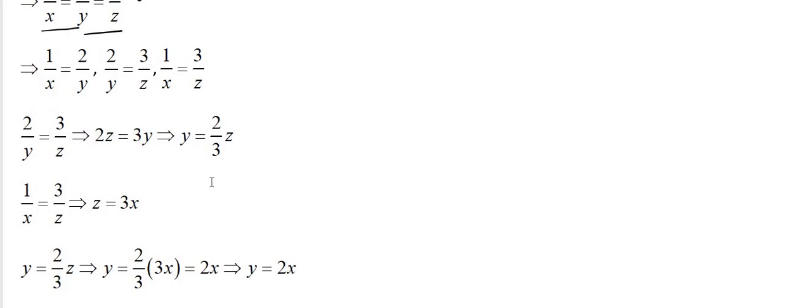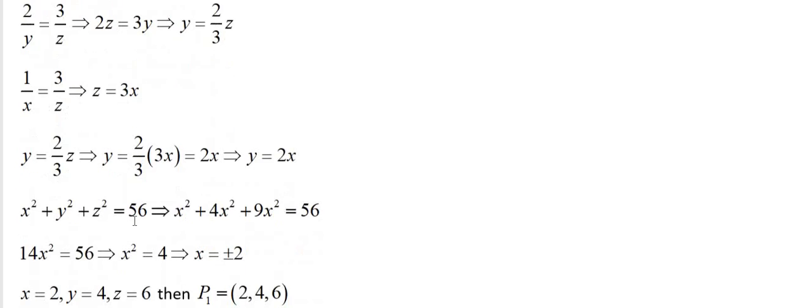Now I know y value in terms of z and also z value in terms of x. Substitute this z value here. That means y equal to 2 by 3 into z implies y equal to 2 by 3 into 3x. 3 gets cancelled. Then I am going to get y value as 2x. Now I have y value in terms of x, z value in terms of x.